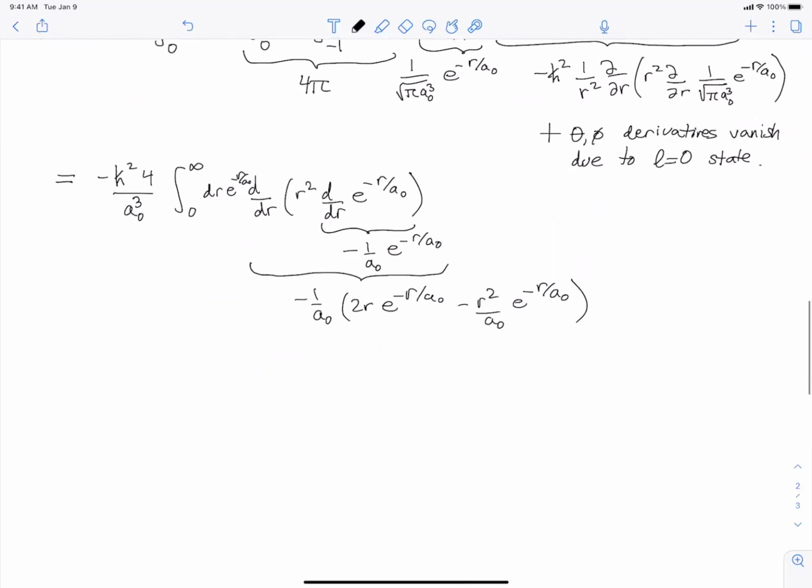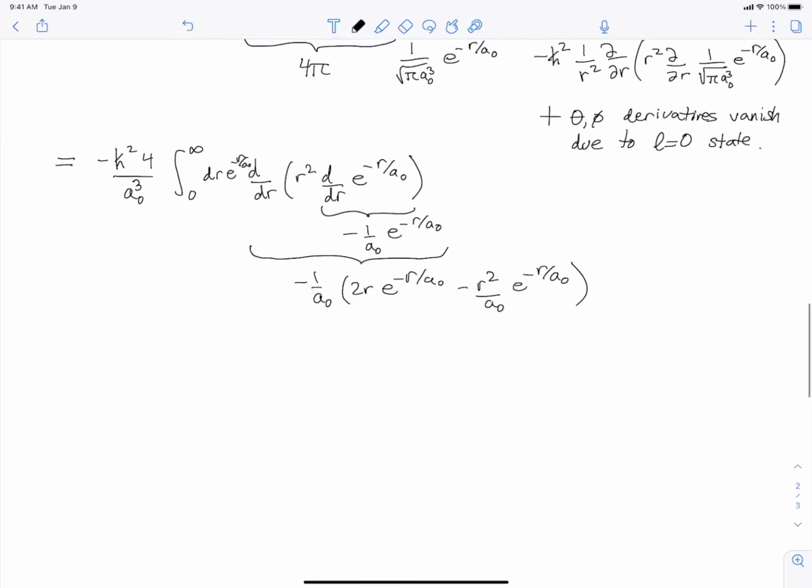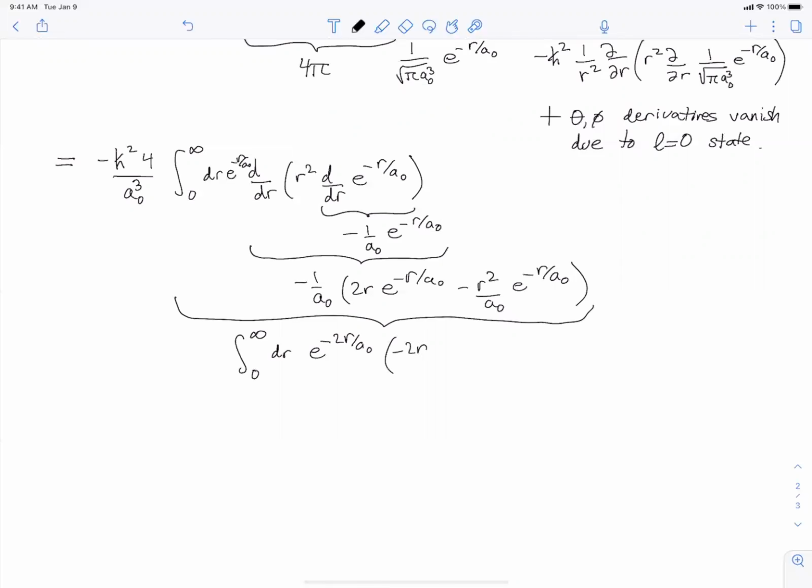You can see that this will get pretty hard when you're doing something other than the ground state where the wave function is much more complicated. But anyway, putting all of that together, this integral times minus 2r over a0 plus r squared over a0 squared.